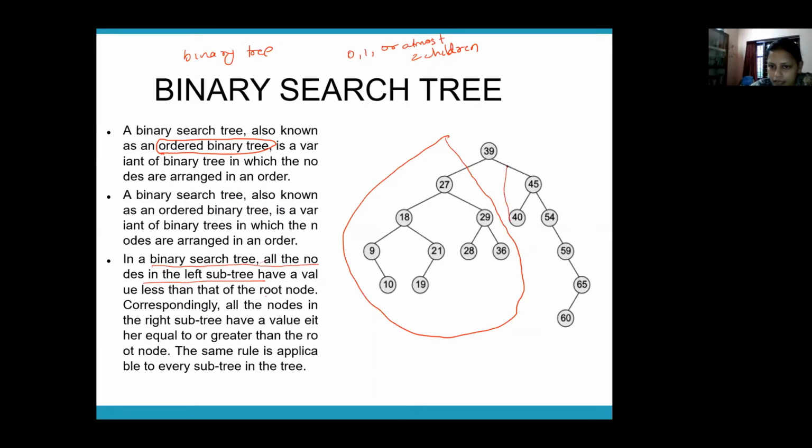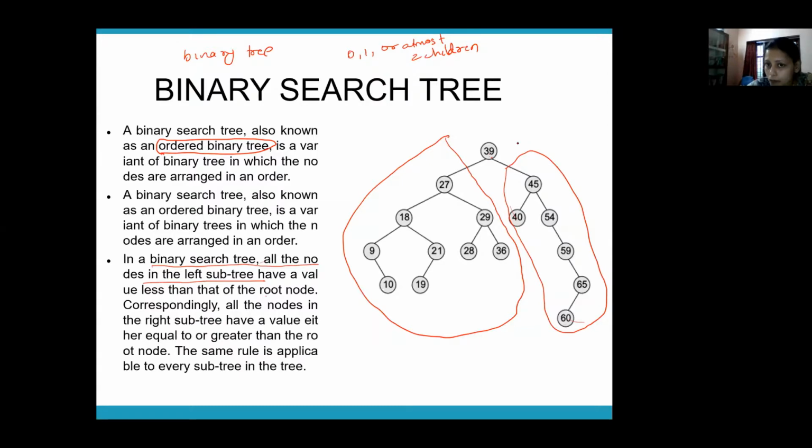And this is the right subtree, right? When you see the left subtree, just observe the values in it. All these values are less than 39. And whatever values are there in the right subtree, they are greater than 39, correct? So all the values in the left subtree will be less than the root node, and all the values in the right subtree are greater than the root node.